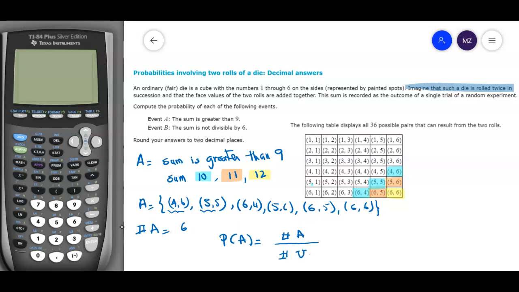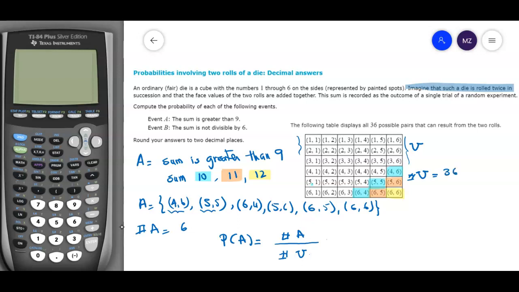I should have noted that the universal set is all of this together, all the table, and it has 36 elements.